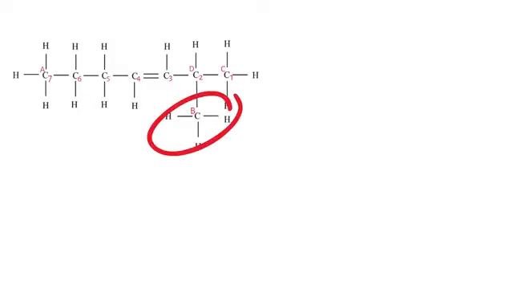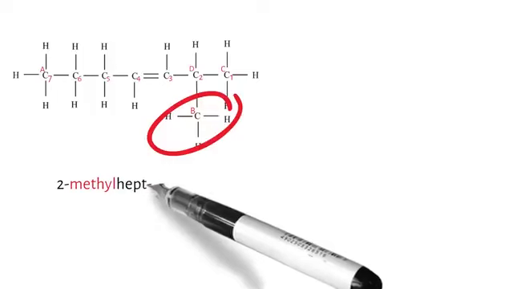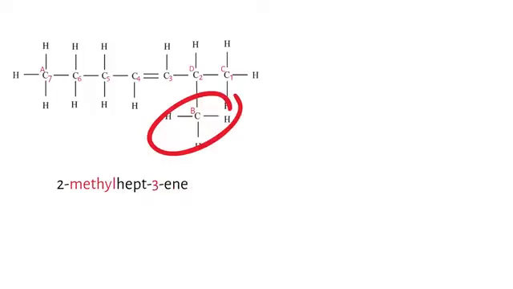So we're going to write 2-methyl. Now we're supposed to write it down as heptene, but since ene is a double bond, we specify it. So we'll write 2-methylhept-3-ene, and that would indicate that the double bond is found at carbon number 3.